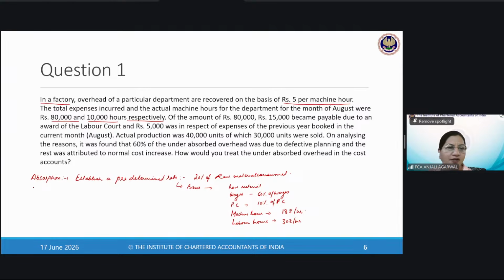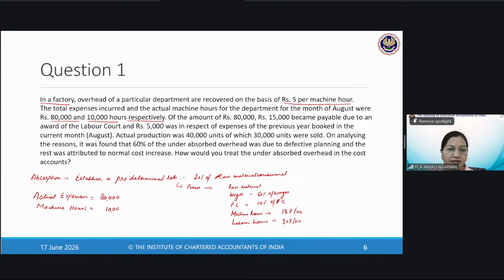What does it mean? Your actual expense is 80,000. Actual total expenses are 80,000. The machine has run for how many hours? Just 10,000 hours.